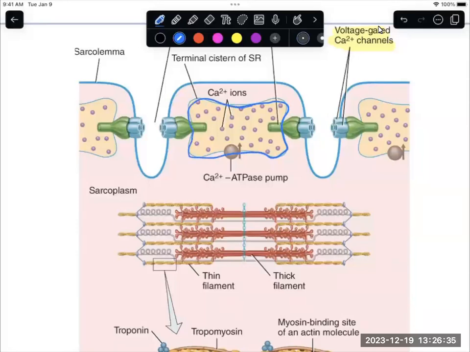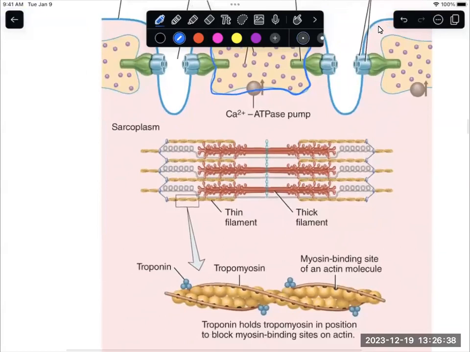Those calcium ions are going to go down and bind to this troponin down here. When the calcium binds to the troponin, it causes that tropomyosin to move off of those myosin binding sites. Once that happens, it allows myosin to bind to this actin. And that is when this cross-bridge cycle can happen that allows a muscle to contract.